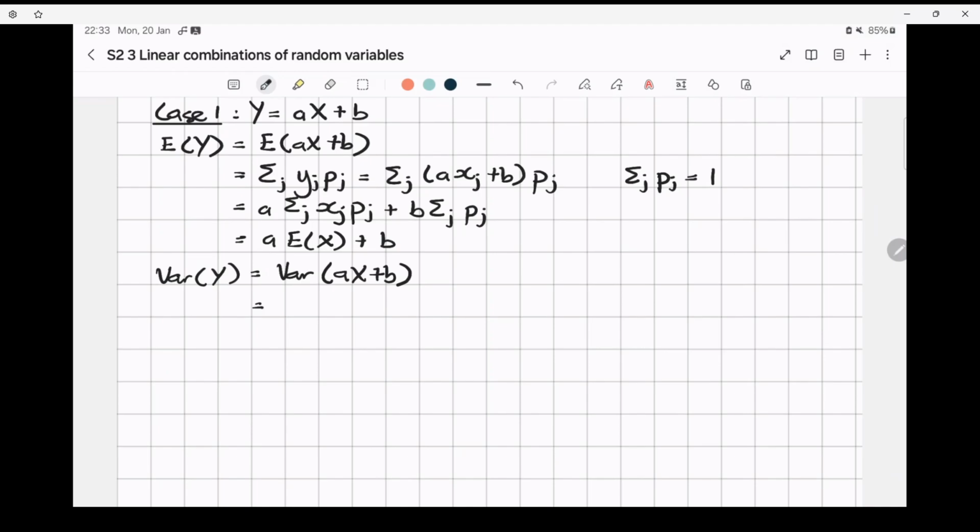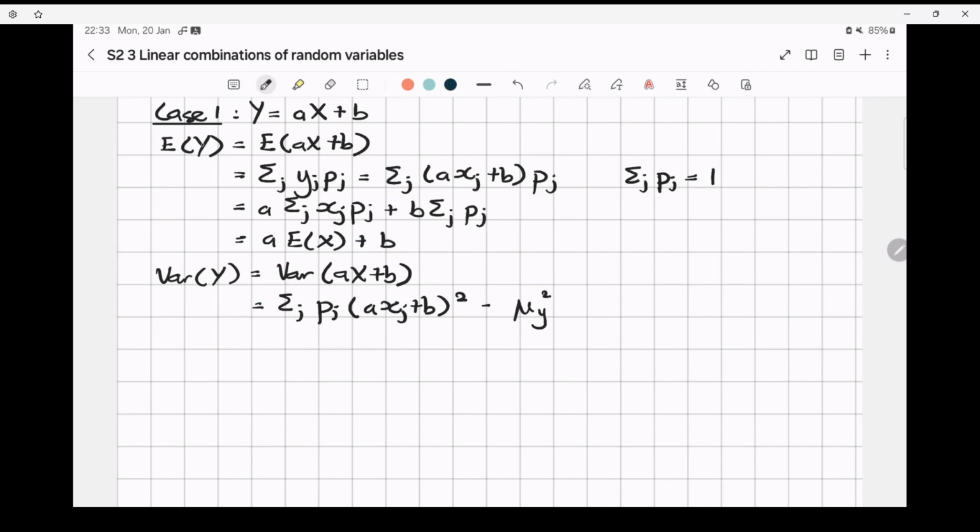Then you use the definition: the sum over all j of p_j times (a x_j + b) the whole thing squared, minus mu_Y squared.